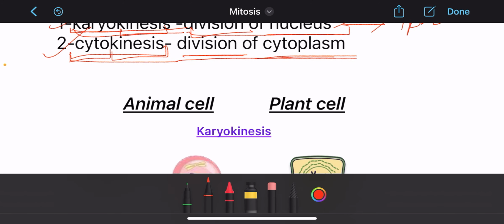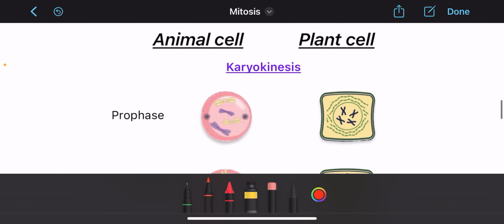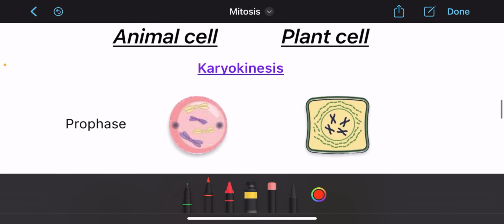The first phase being prophase. Now, in prophase, in the case of an animal cell, we can see the centrioles moving apart to the opposite poles. However, they are absent in the case of a plant cell.